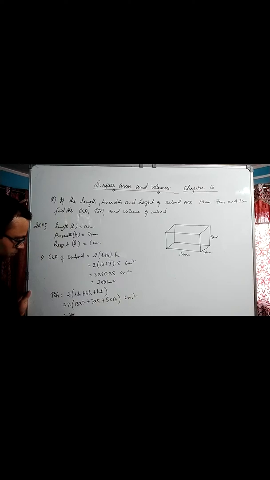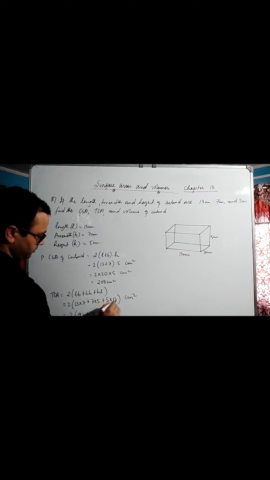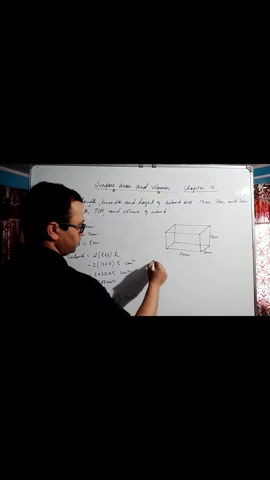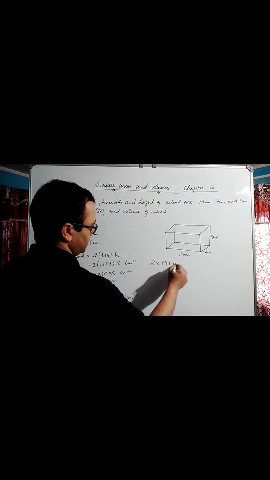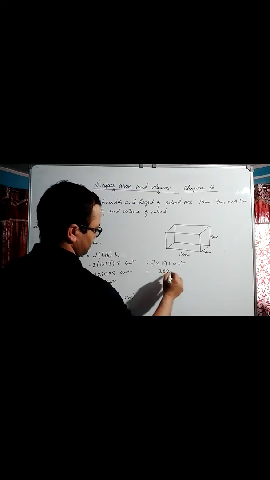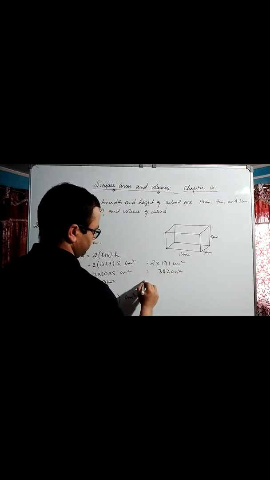So this equals 2 times 13 into 7 is 91, plus 7 into 5 is 35, plus 5 into 13 is 65 centimeter square. Now 35 plus 65 is 100, plus 91 is 191. 2 into 191 centimeter square equals 382 centimeter square.